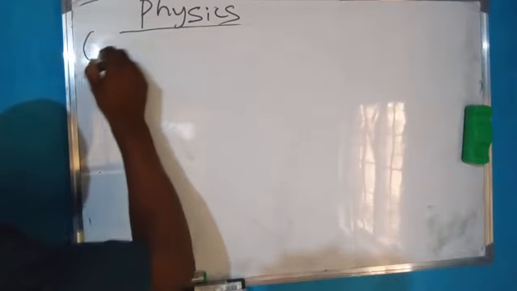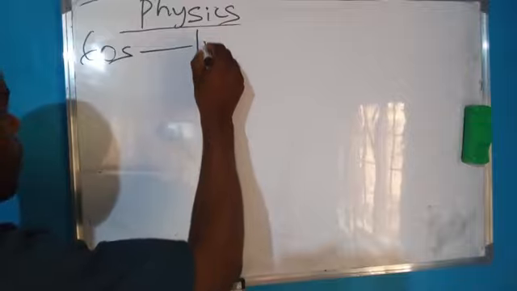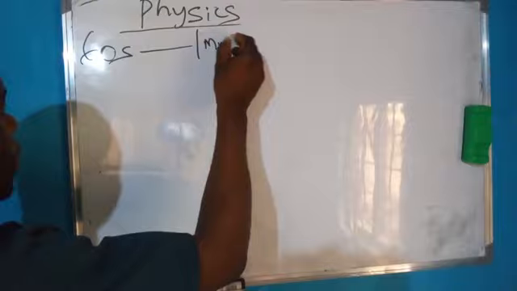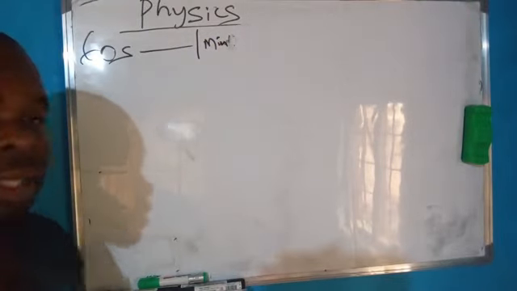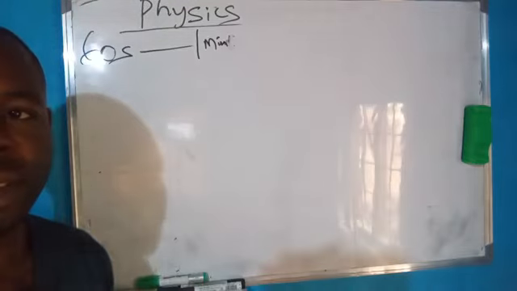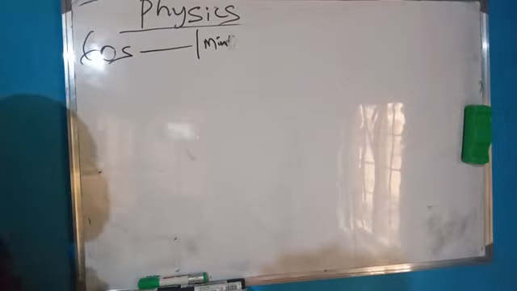That means 60 seconds will give us 1 minute. Is that clear now? 60 seconds gives us 1 minute.